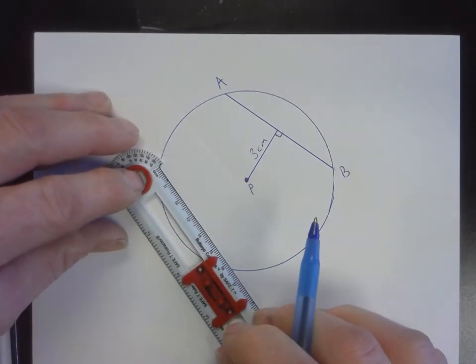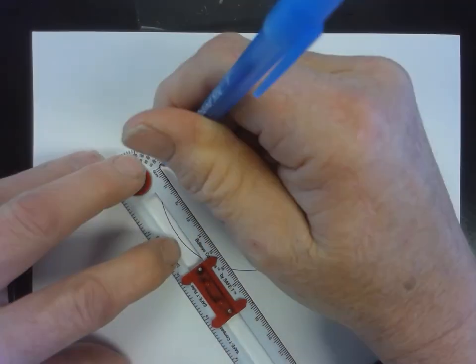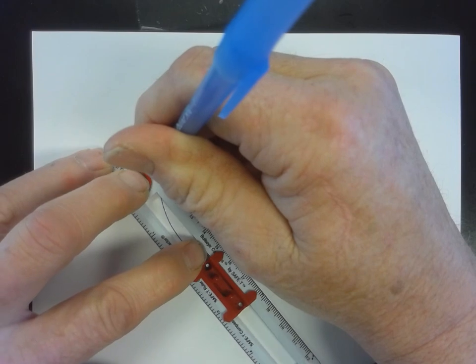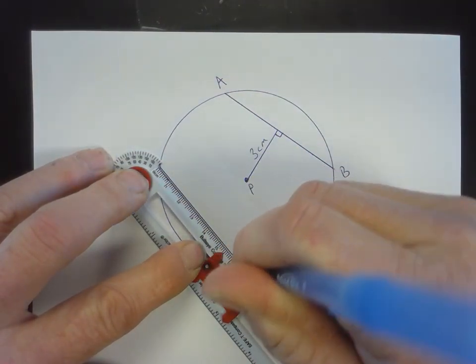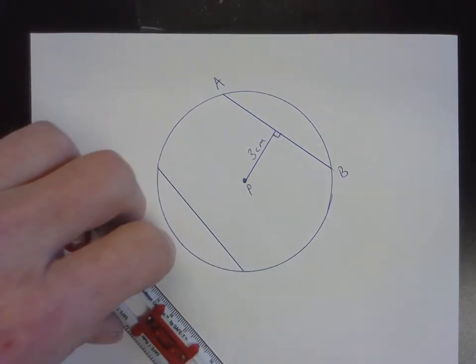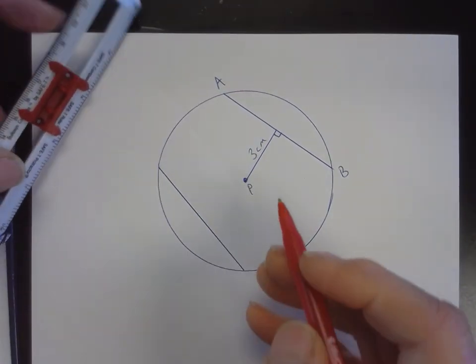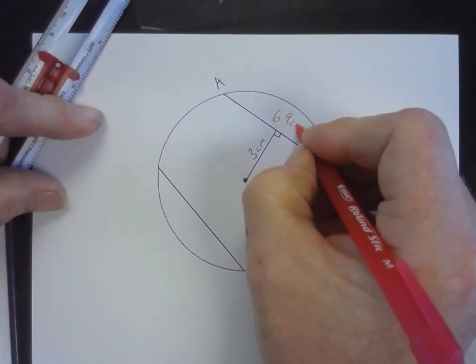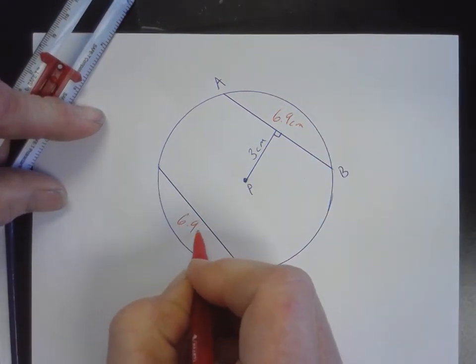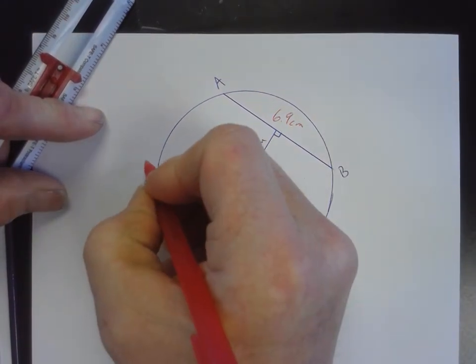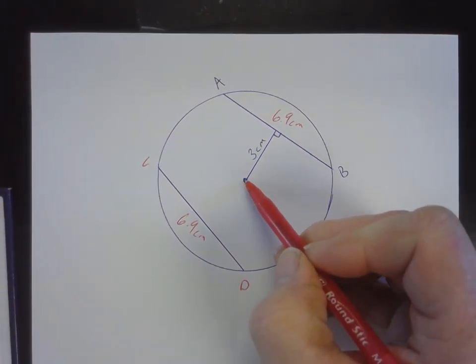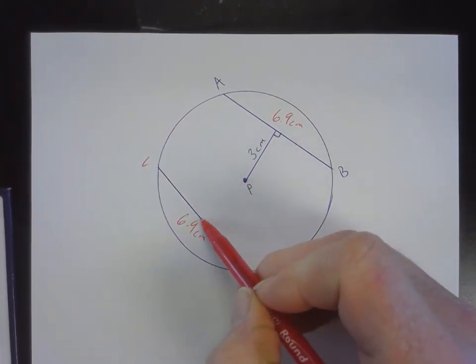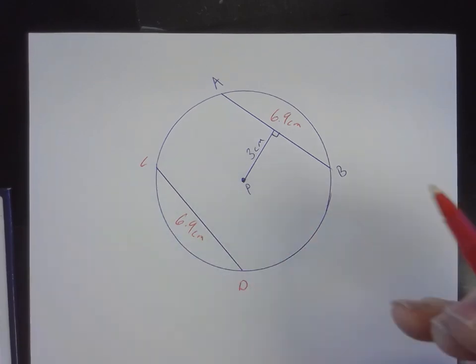So if I come over here and draw one that is 6.9 centimeters, I'm kind of doing the converse here, but if this one's 6.9 centimeters and this one's 6.9 centimeters, then what would be the distance from point P to the chord CD? Yeah, it'll be 3 centimeters.